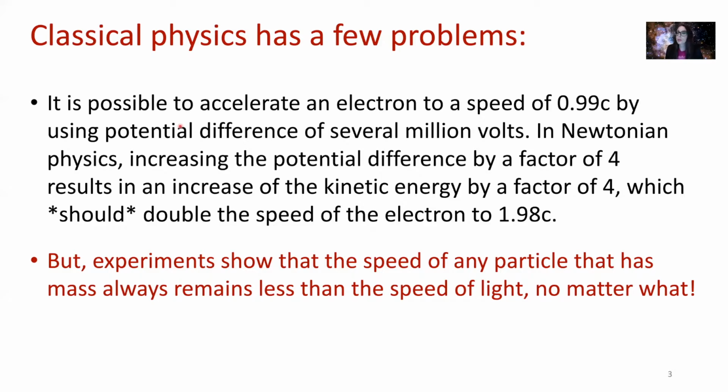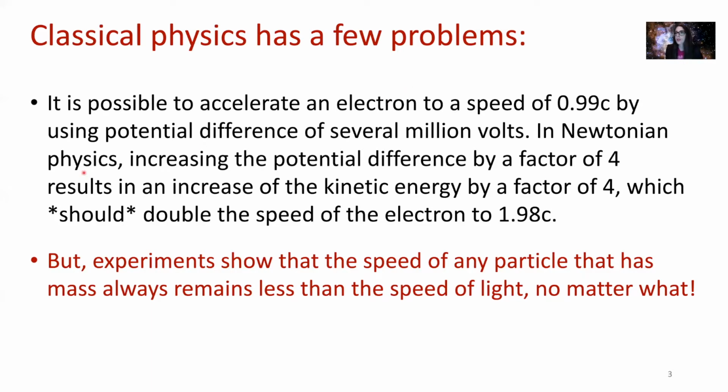It's possible to accelerate an electron to a speed of very, very close to the speed of light. You set up a potential of several million volts, and then because of that potential difference, you can accelerate that electron, okay? And you can get it moving at very, very close to the speed of light, but anything with mass can never actually move at the speed of light, though it can approach the speed of light.